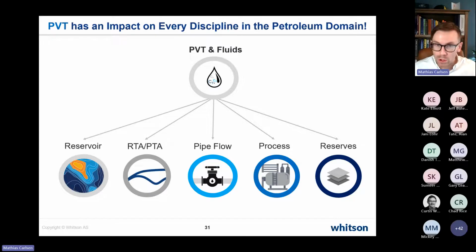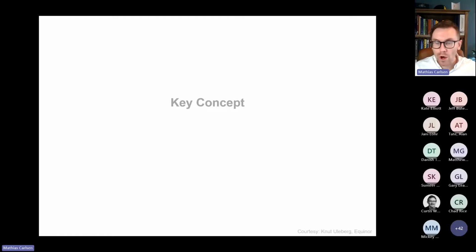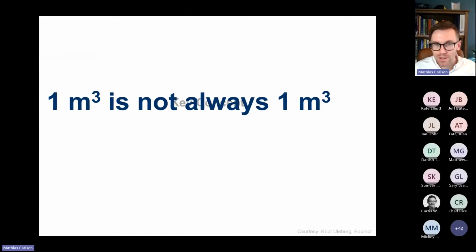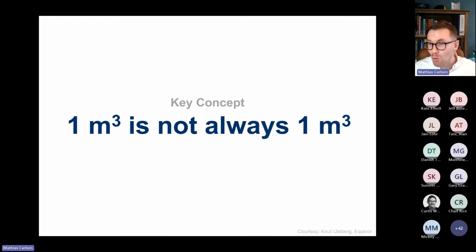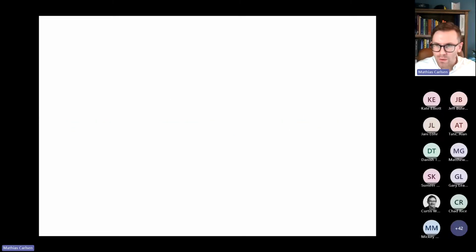A very, very important concept to grasp is that 1 barrel is not always equal to 1 barrel, or one cubic foot to one cubic foot. What do we mean by that? Of course, volumetrically it's the same volume, but what it contains is not necessarily the same. And if you think about it, it's kind of unique.